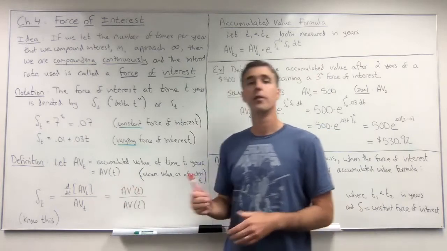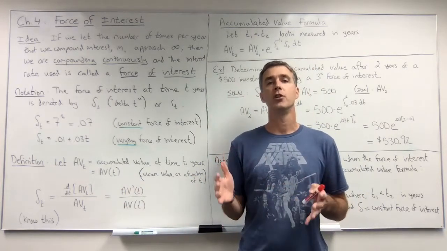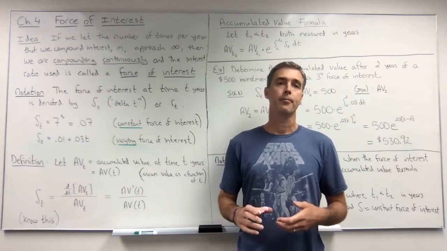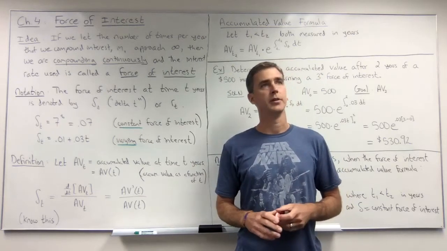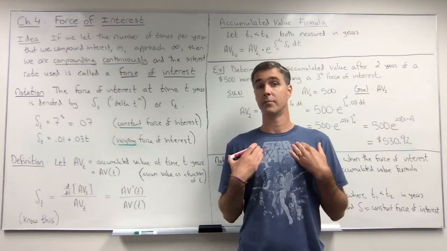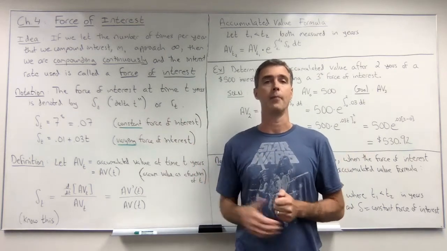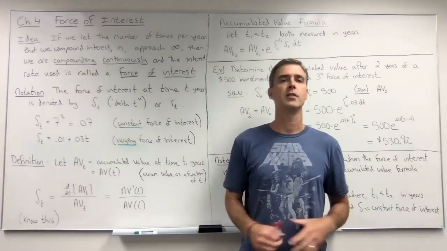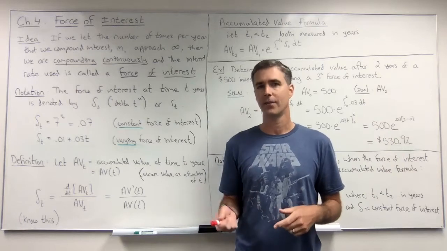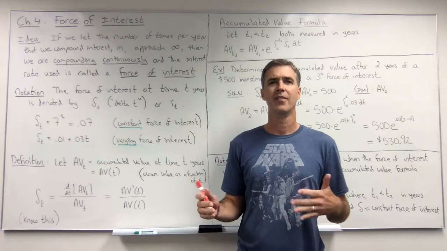The numerator, the derivative of the accumulated value, is telling you the rate of change in dollars per year in your account. Well, if the rate of change is $10,000 per year in your account, if it's me, I'm thrilled, right? That's $10,000 a year that I'm growing at. If it's Jeff Bezos and he has all of his money in one account, if his rate of gain is only $10,000 per year, that's nothing to him.